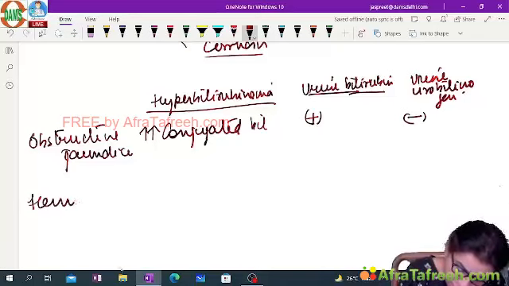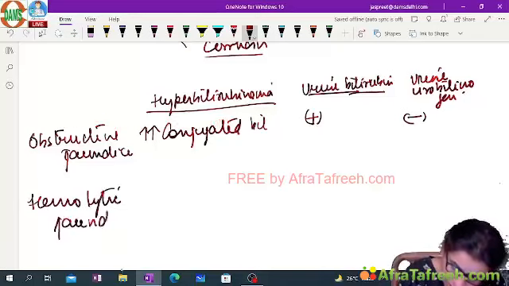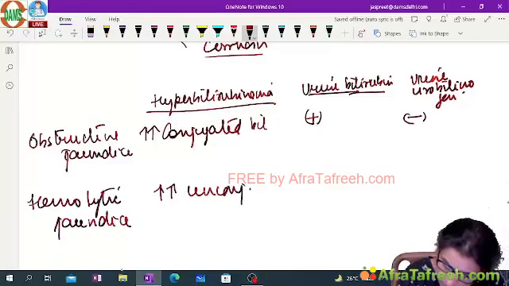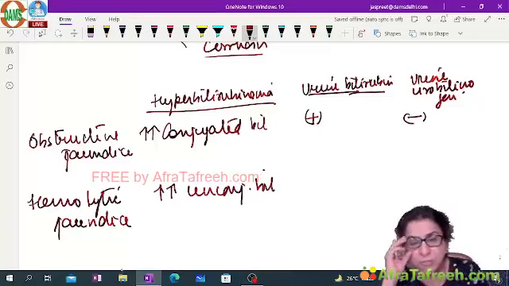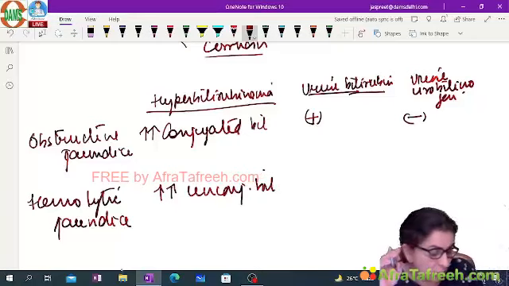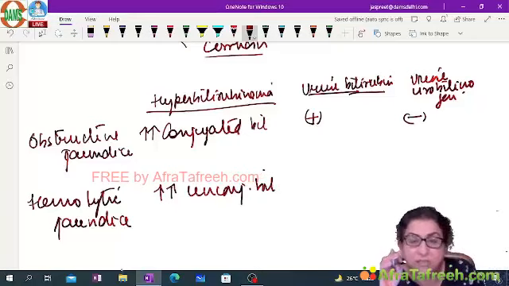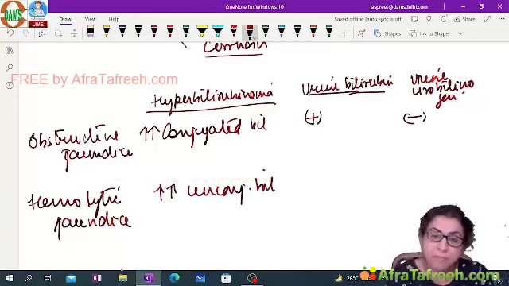Second is hemolytic jaundice, which you see in hemolytic anemia. Now here there is increased unconjugated bilirubin. Now we know unconjugated bilirubin is not water soluble. So intact bilirubin will not pass out in the urine.